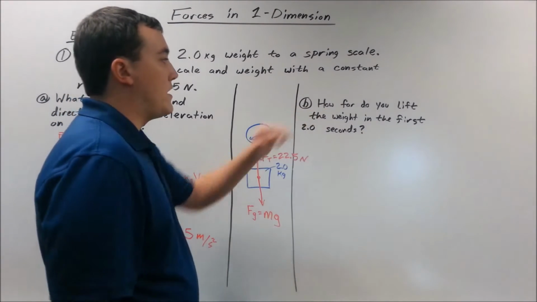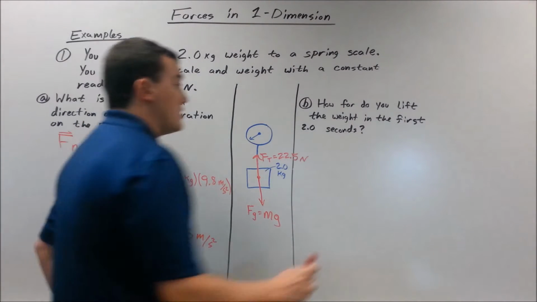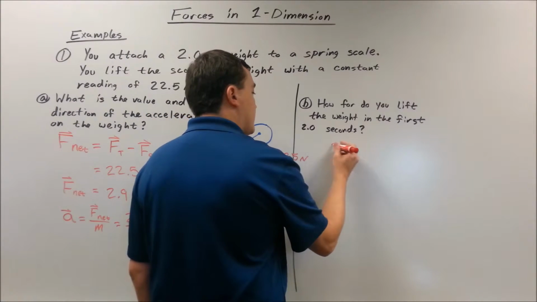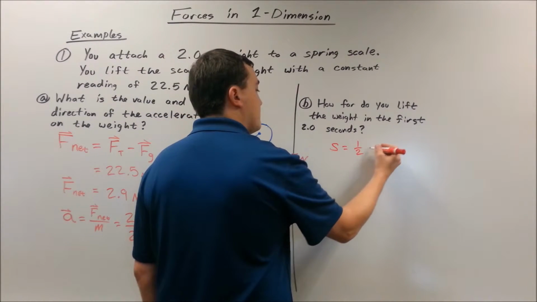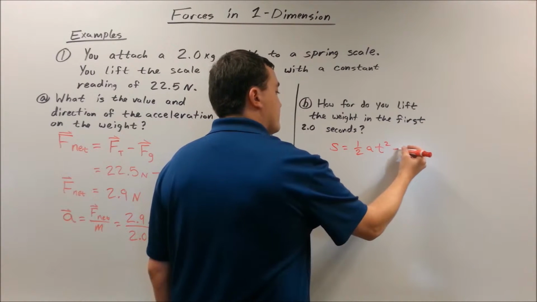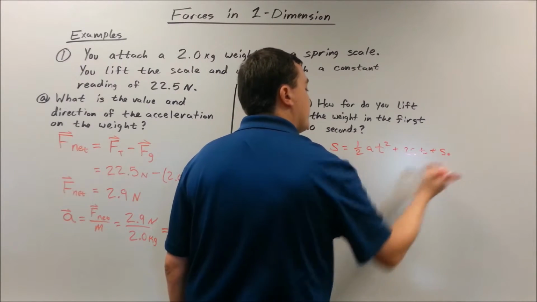And the second part, how far do you lift the weight in the first 2 seconds? Well, we have our acceleration. So we can use the standard acceleration formula. S equals 1/2 A T squared plus V naught T plus S naught.